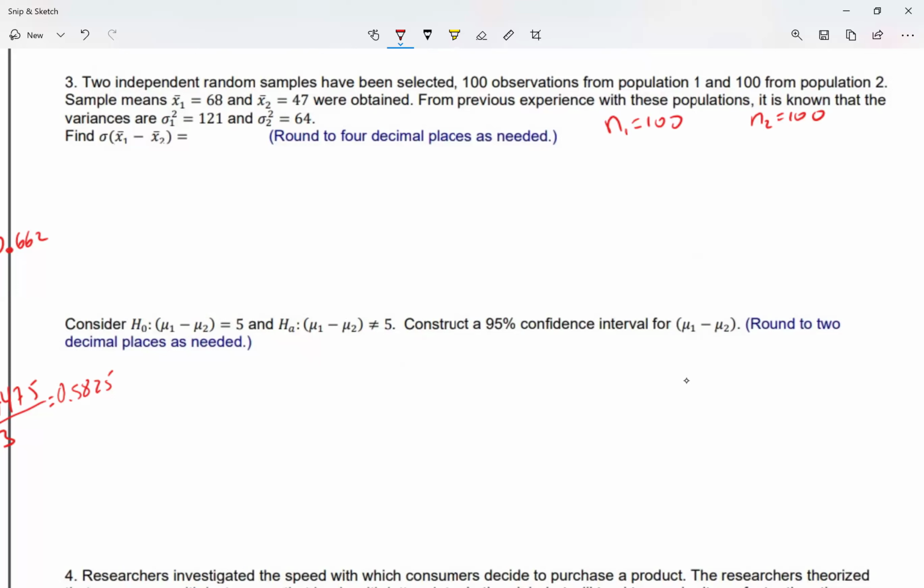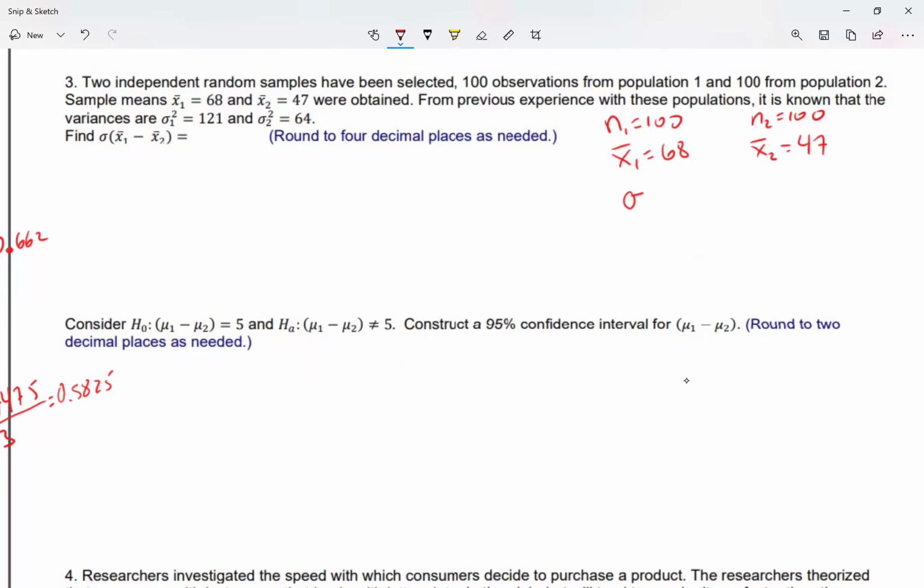The sample means are given. The sample mean of sample 1 is 68, the sample mean of sample 2 is 47. From previous experience with this population, it is known that the variances are given.